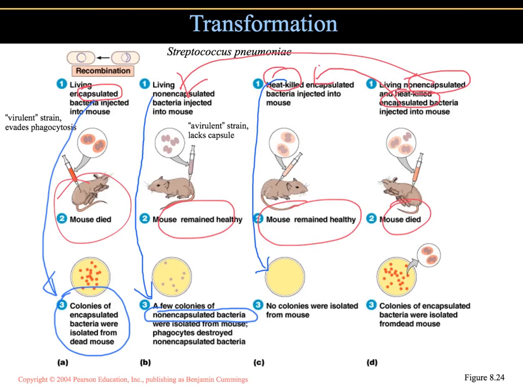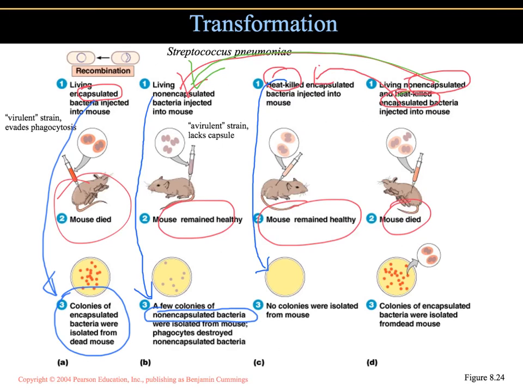Now, let's move to the fourth situation. In this situation, remember, it was non-encapsulated living bacteria that these mice were injected with. So again, we would expect the mice to remain healthy.